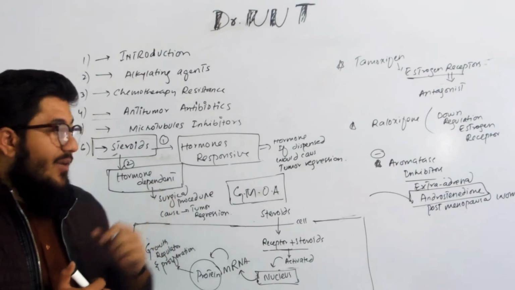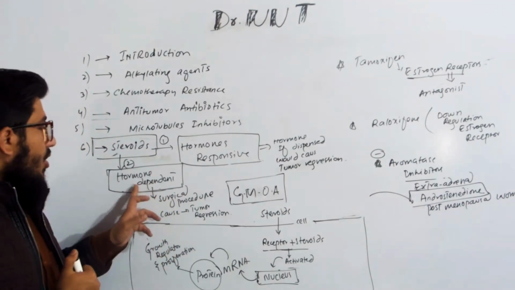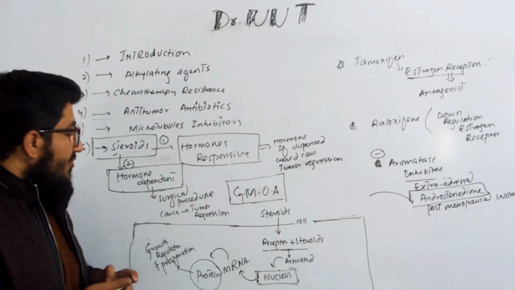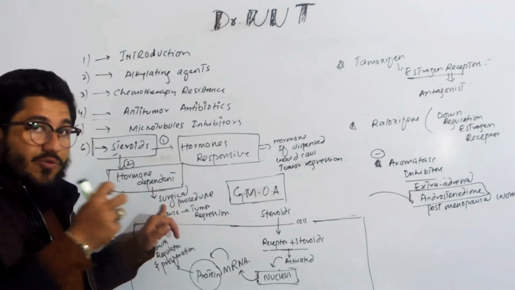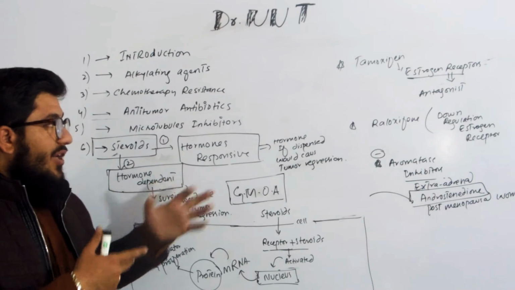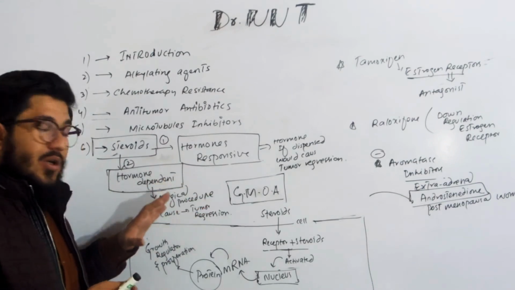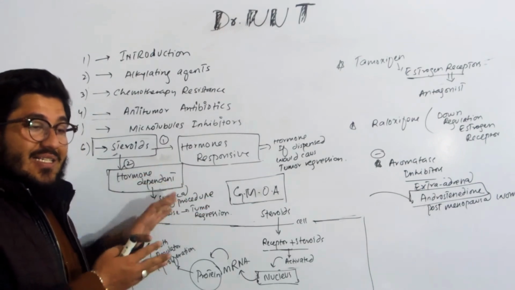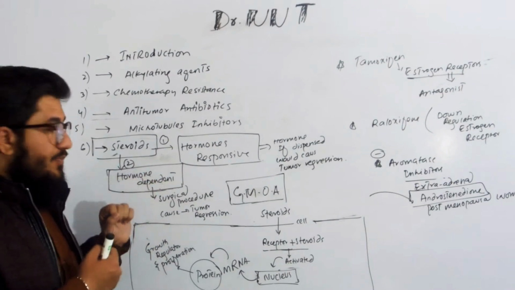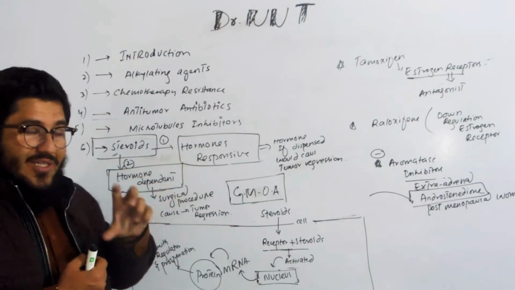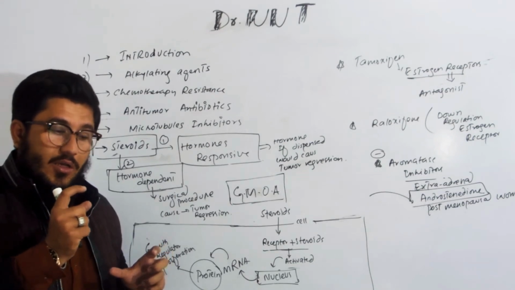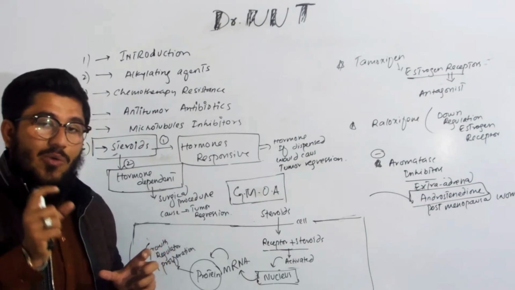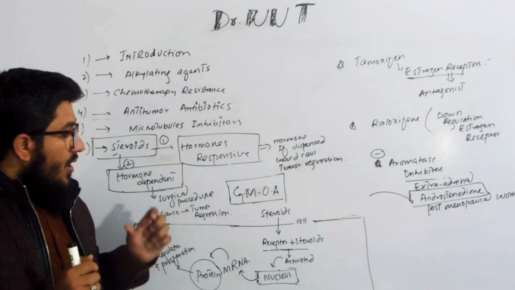Another tumor is hormone dependent, in which we will either go through a surgical procedure to remove that hormone, or give an antagonist medication to decrease the effect of that hormone. We'll give the example of estrogen, which is responsible for causing breast cancer.